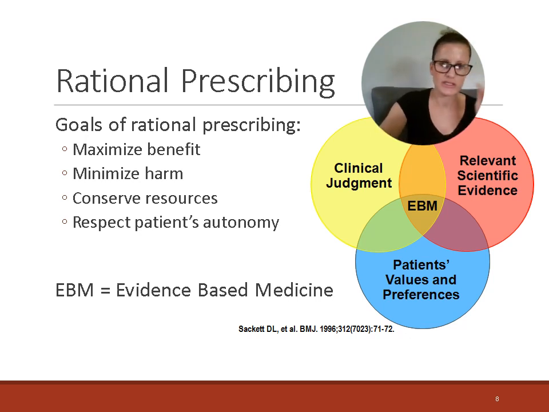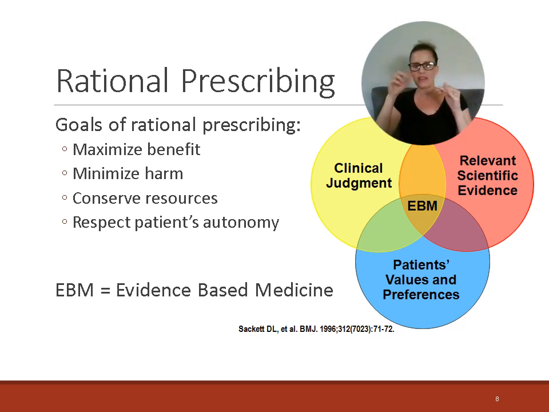So if you look at this little graph over here, clinical judgment is, again, your empiric knowledge, the knowledge that you've gained from, eventually, your years of practice. You start to see patterns happen. You start to learn, hey, patients react better to this than they do to this. Or when a patient presents this way, they typically need XYZ. That's your knowledge that you've gained by practicing.